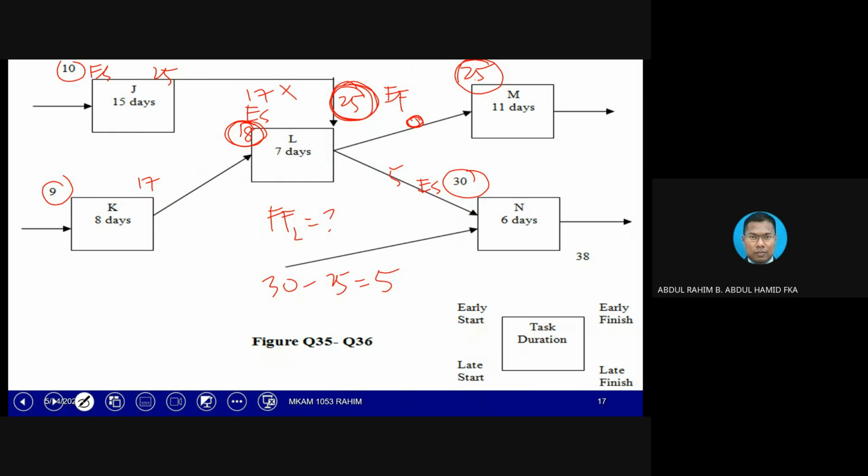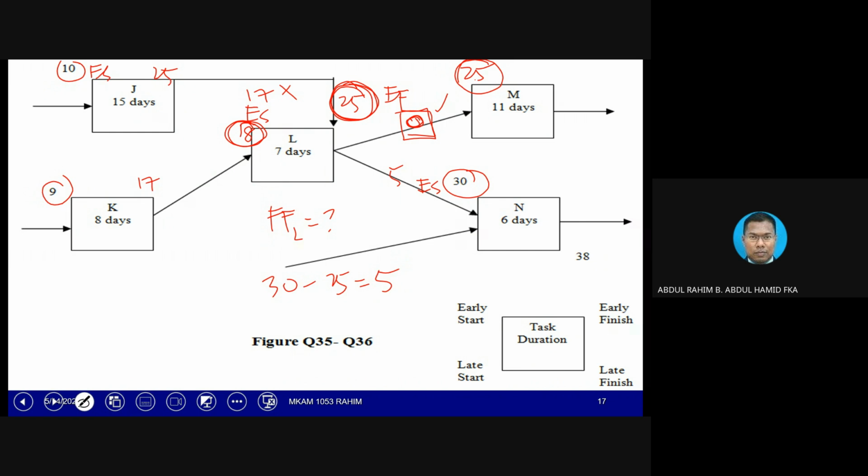In this case there are two values, isn't it? So we take the smaller answer, because logically, immediately after L is completed, M will have to start. So there is no free time for L.